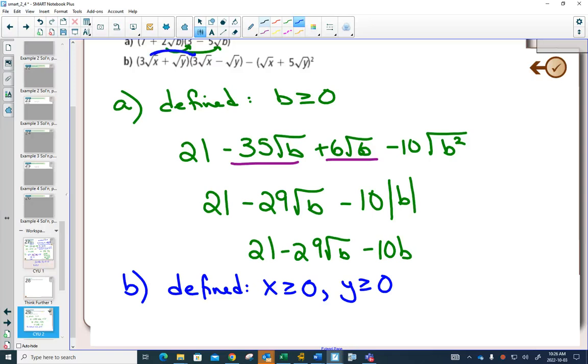Here I'm going to draw the arrows again. And for this one, you might want to rewrite it so you can draw the arrows for this one as well.